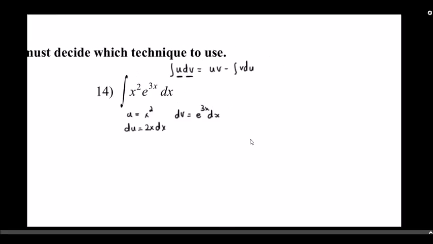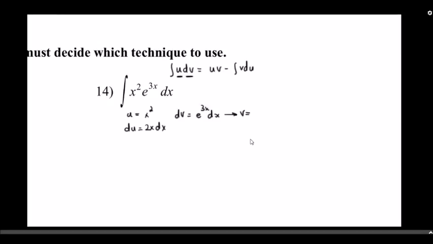Remember, u is the expression whose derivative is more simple. So I'm going to say that u is equal to x squared. Then du is 2x dx. 2x is considered more simple because it is a degree less. So that means dv is e to the 3x dx, and v is the antiderivative of that.